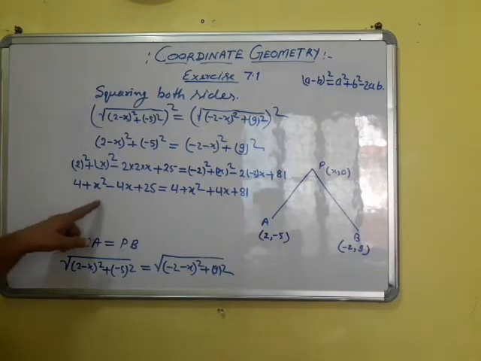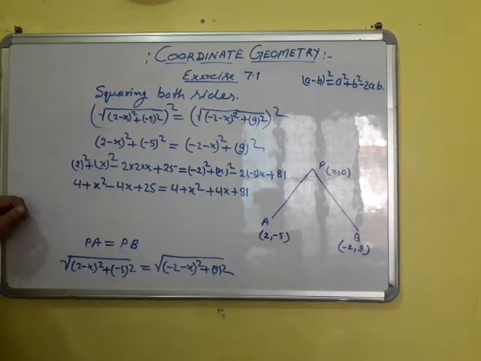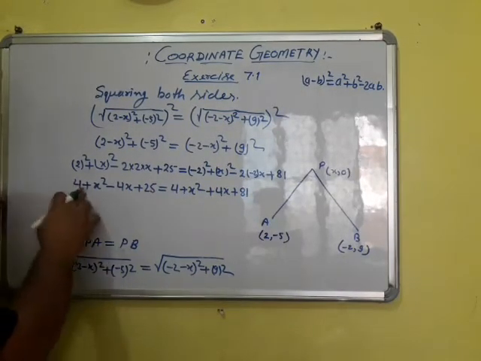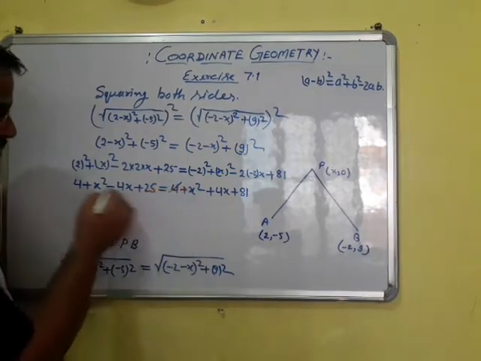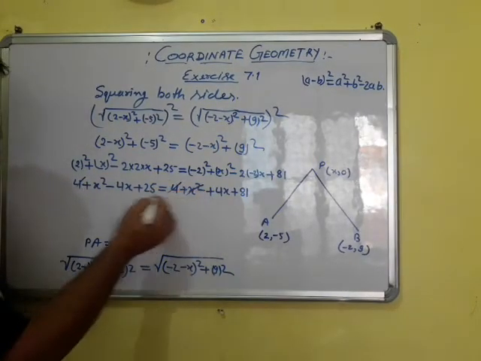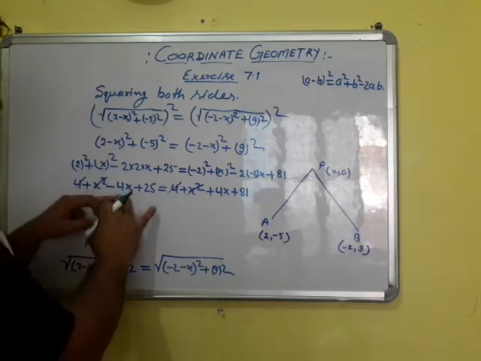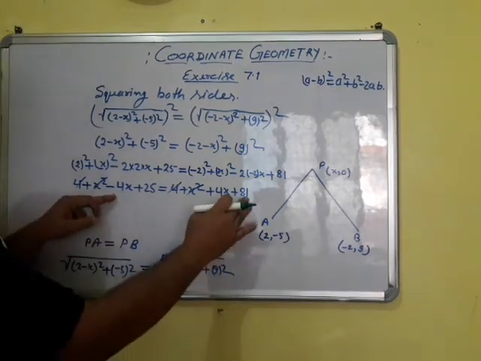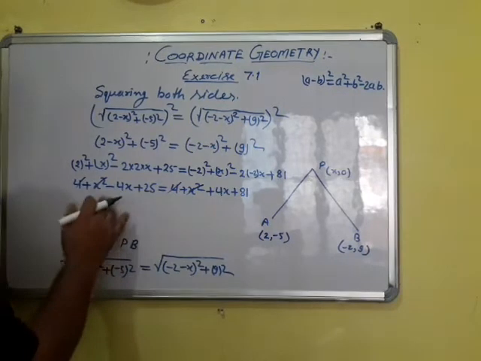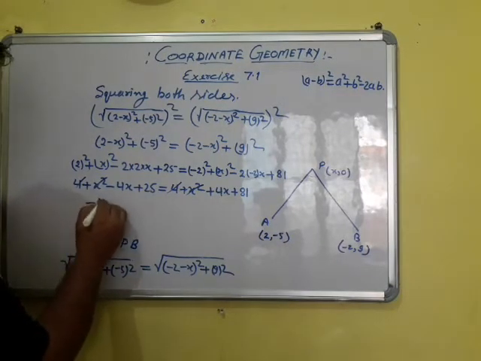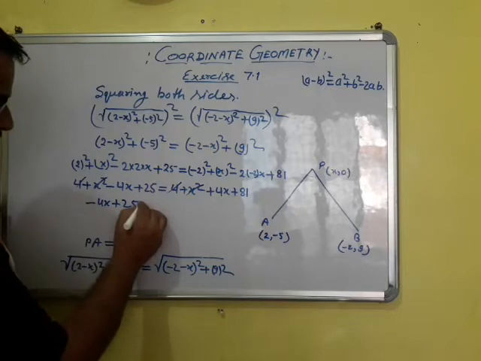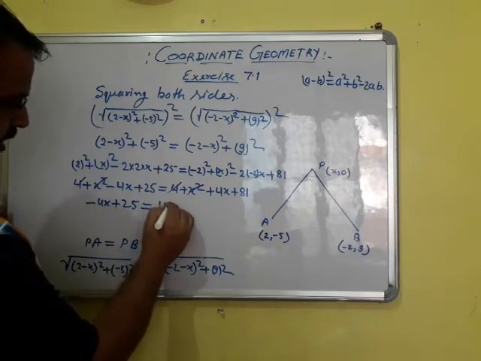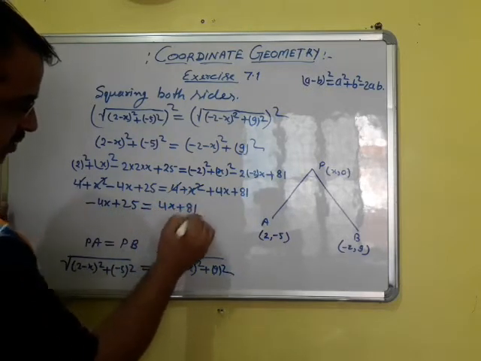Now look, which portion cancels on both sides? The 4 and the x square are positive on both sides, so they cancel. So we find minus 4x plus 25 is equal to 4x plus 81. Clear?